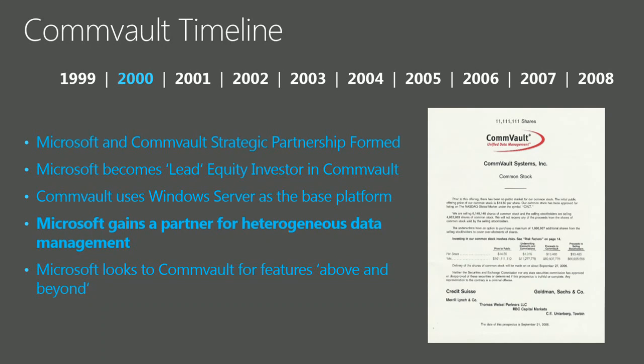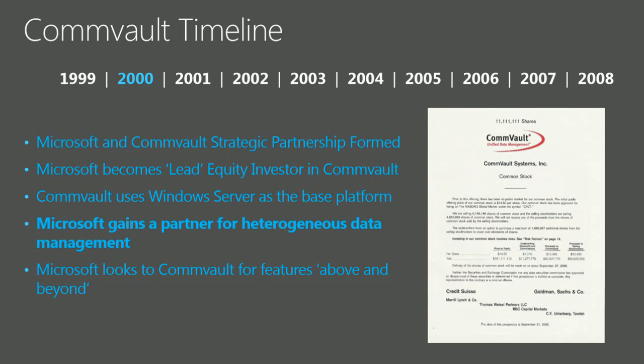Microsoft now gains a partner for a little bit more complex data, and this is an analogy that held true 15 years ago and holds true today. Think about it. 15 years ago, we gave a vision of where CommVault is today on data management. First product we came out with back in 2000 was advanced backup and recovery. Microsoft had a backup product back then.